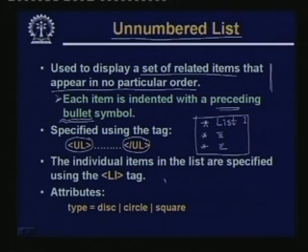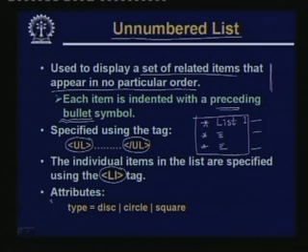UL stands for unnumbered list, and within this bounding UL begin and end tags, the individual list items are specified by using the standalone tag li. This li will specify the individual list items.